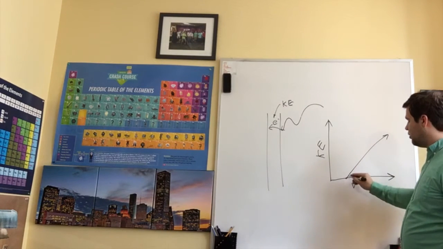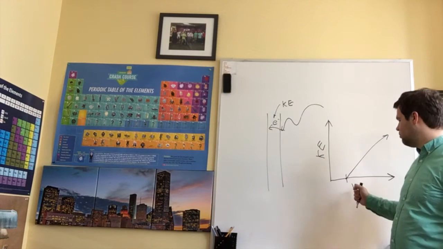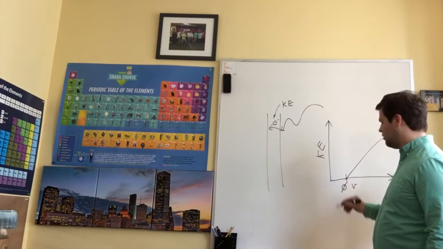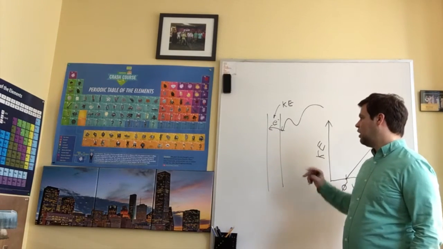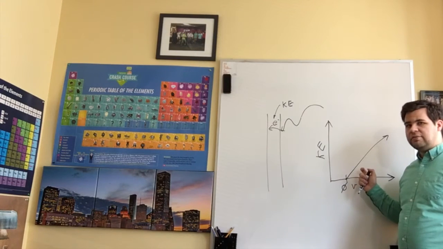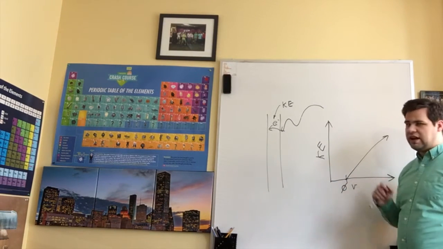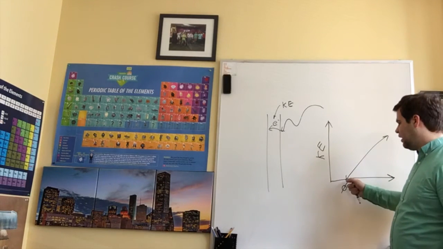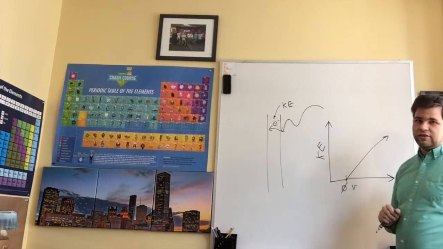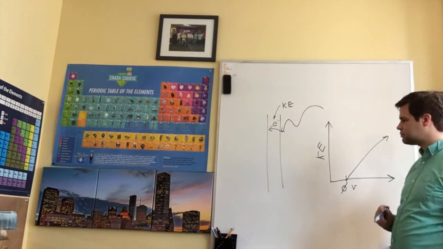So there's some minimum energy that's required, or some minimum frequency, oftentimes referred to as the work function. Every metal has a particular frequency, and any light hitting that metal below that frequency will not eject electrons. Any light, regardless of its intensity, will eject electrons if it's above this frequency.